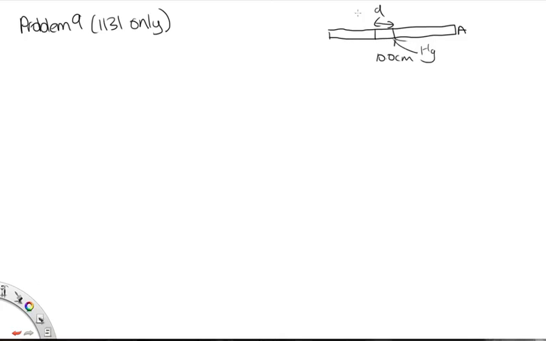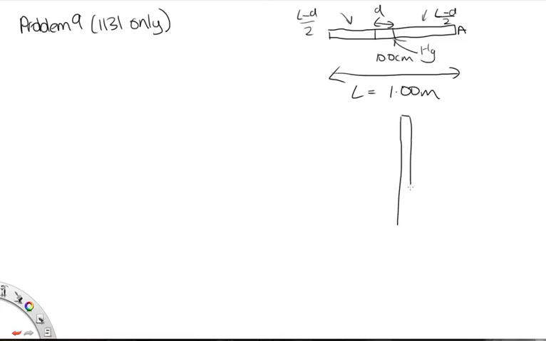And then let's let the tube have a length L, which is 1 meter. It's initially on its side, and we have an equal length here. So this is L minus D on 2, and here L minus D on 2. And then we turn it up so that it's vertical.